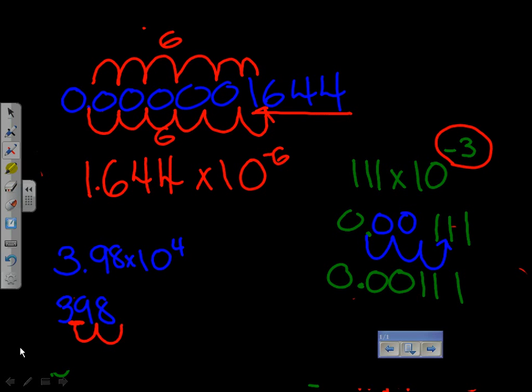So 1, 2, 3, 4. And that's your decimal point. Likewise, you can go on the top, 1, 2, 3, 4, and that covers your spots. So now you know that you need to input these zeros to accommodate that. And that is your number.